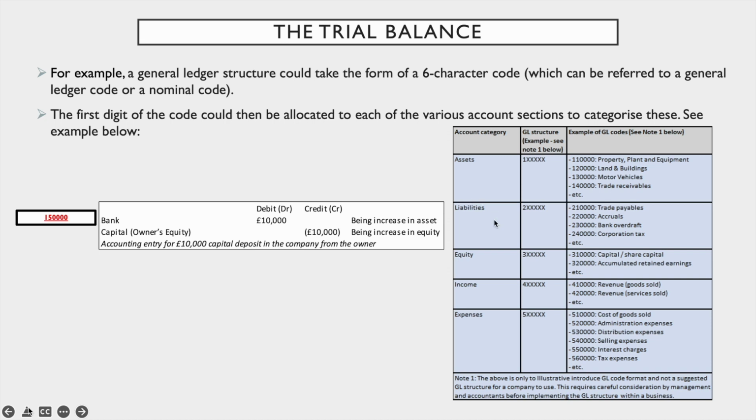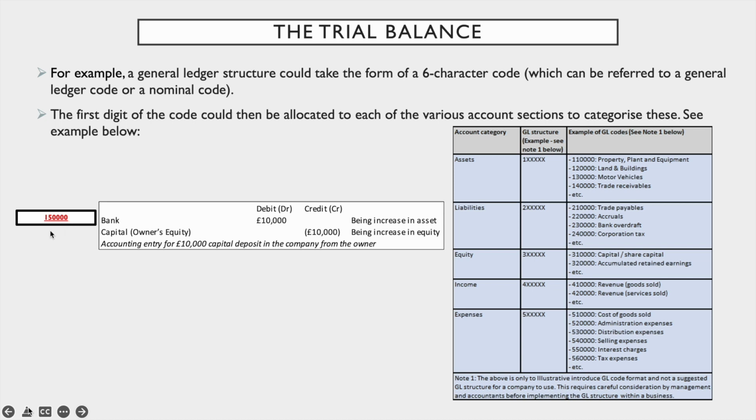One point to note is that the accountants within companies would set up a chart of accounts specific for each individual company. This would be agreed by the accountants within the company and communicated throughout the business. So in this case, we've just said, for example, bank might be 1500.